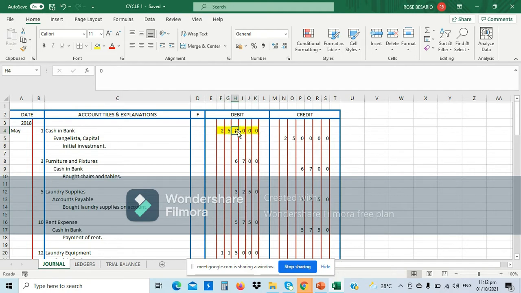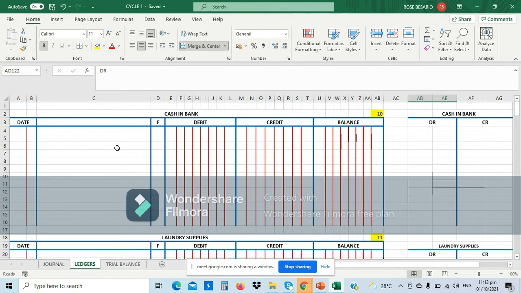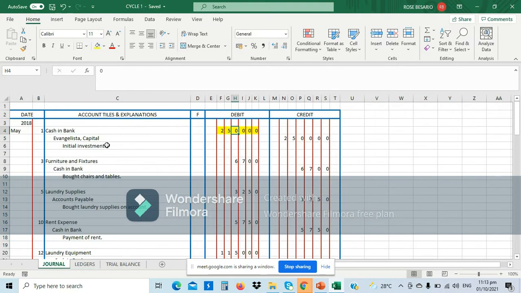Okay, so 250,000. What we will do is look for the cash in bank ledger. We have it here. What you will do is provide the year, 2018, and then provide the month and day, May 1. Our transaction on May 1 is an initial investment.